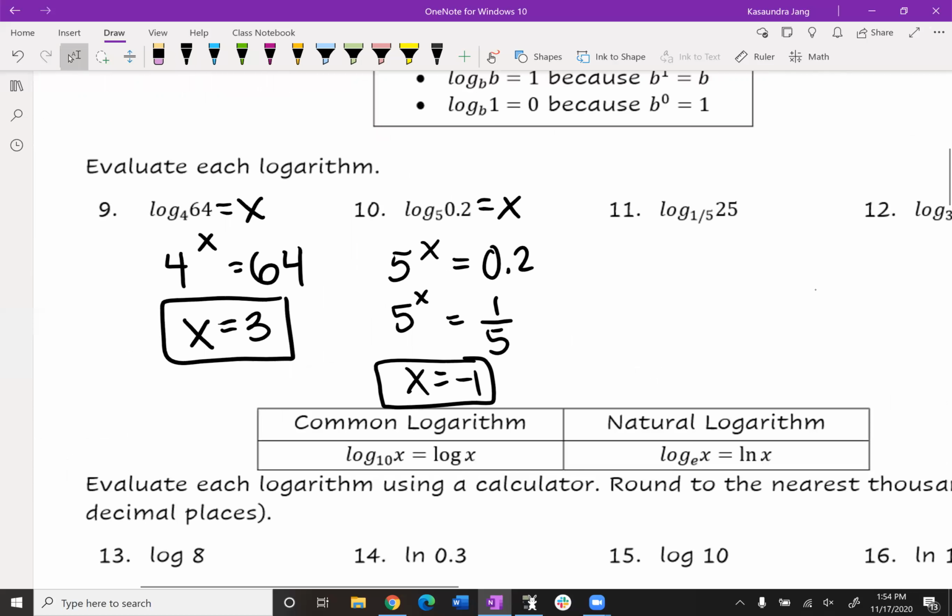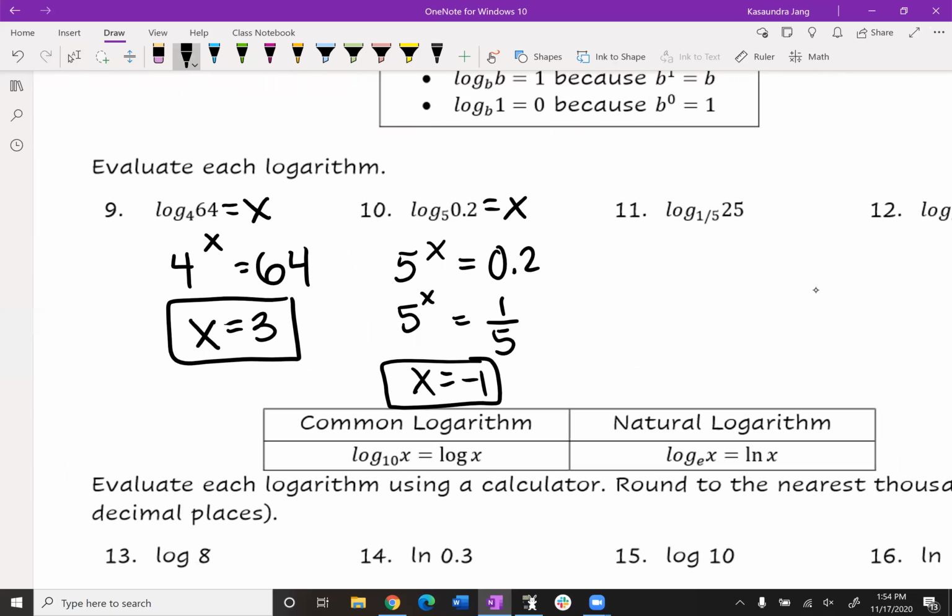All right, so let's keep it going here. Miss Jane, are you just guessing the numbers to see what the exponents are? Not really guessing necessarily. I'm using the rules that I know.